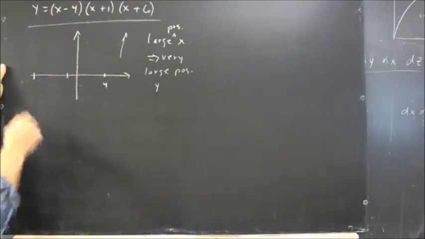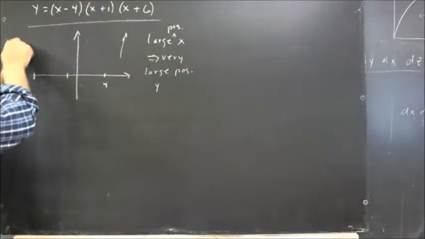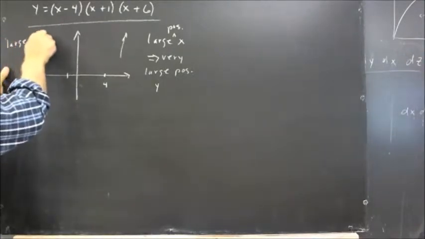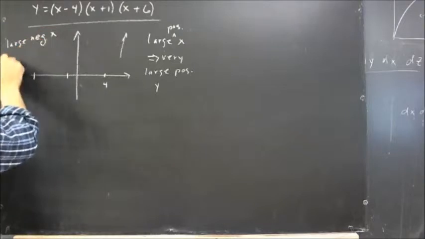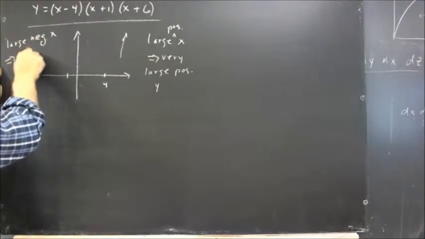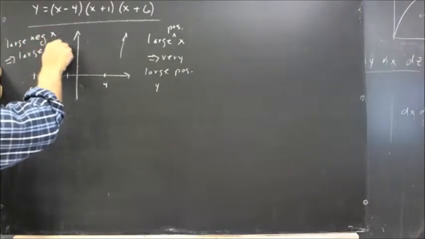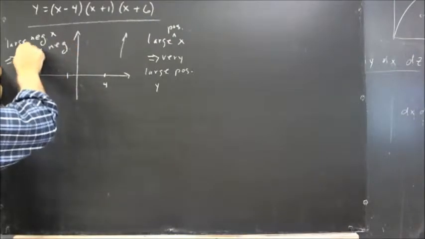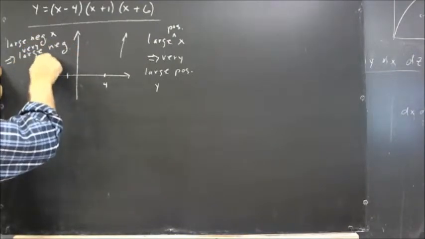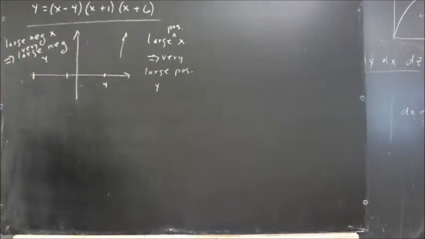On the other side, a large negative x implies a very large negative value of y. Why is that?